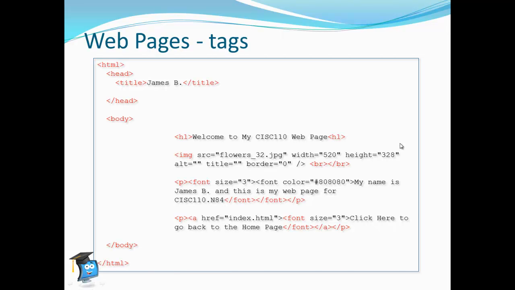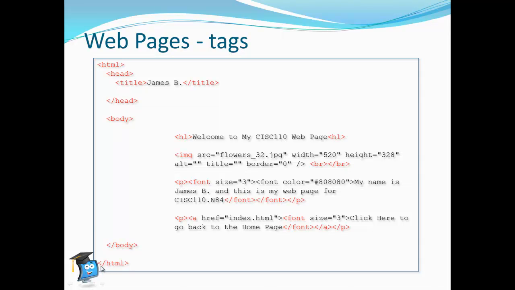Before we move on, I just want to focus on some of the fundamentals of a web page. Web pages use things called tags, and tags identify different parts of the web page. They also identify different functionality or tell the internet browser what to do with a particular piece of information. And all web pages generally start off with HTML at the very top, surrounded by brackets.